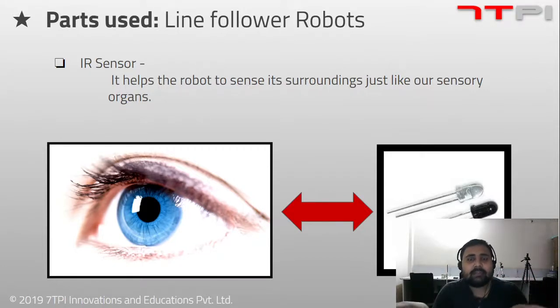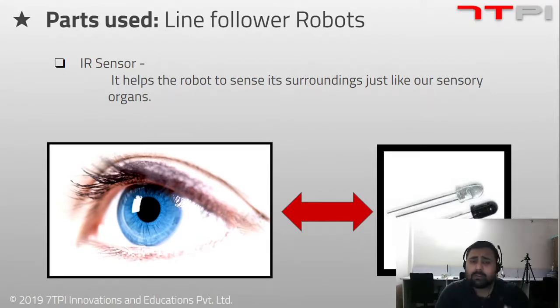Now there is time for an output. The output would be mechanical, because we are using a robot, a hardware based device. So we require actuators, or in layman's language, motors, or the mechanical parts or movement parts, like the legs of a robot. So these three things will be used.